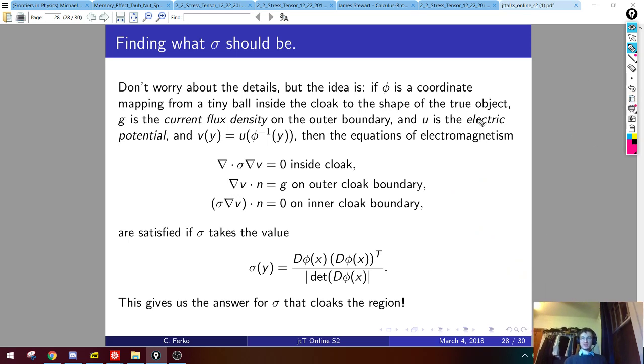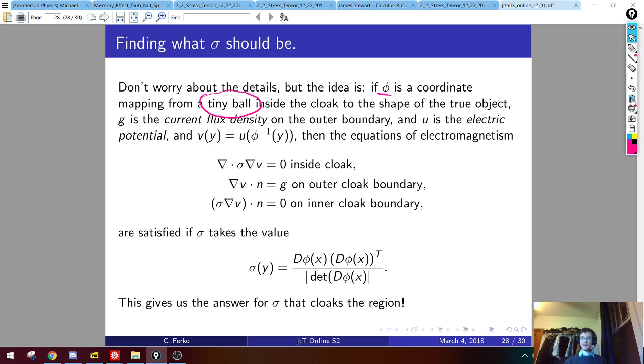As it turns out, in some papers, people proved that you can do this by making a coordinate transformation which sends the tiny ball, the radius 1 nanometer or whatever, into the shape of the true object, which could be a big, 1 meter ball or whatever the actual shape of your object is. If it has a more complicated shape, you need a more complicated function.